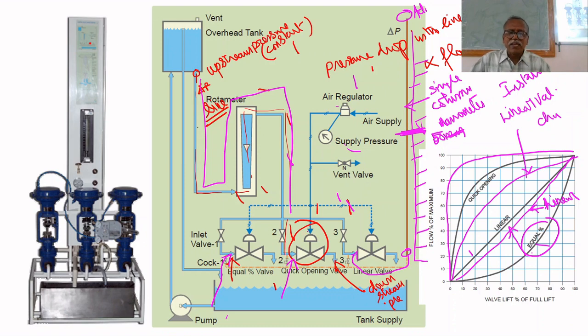To keep this at 50, there is a hand valve. If you close that hand valve, it introduces additional pressure drop. Flow rate is less, meaning less pressure drop in the line, so additional pressure drop can be introduced by that hand valve. There are three hand valves.